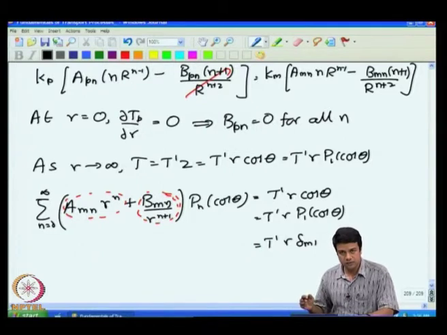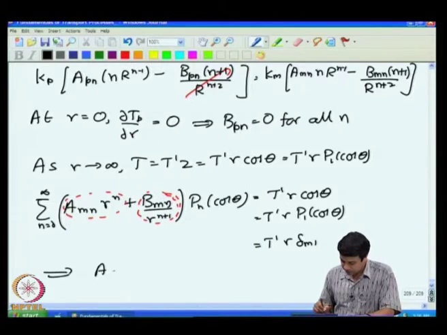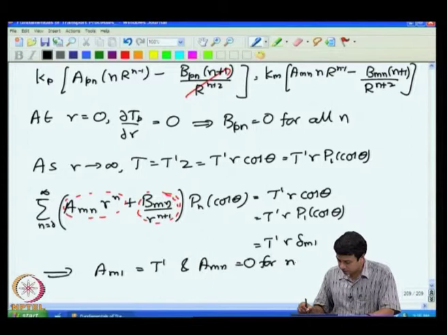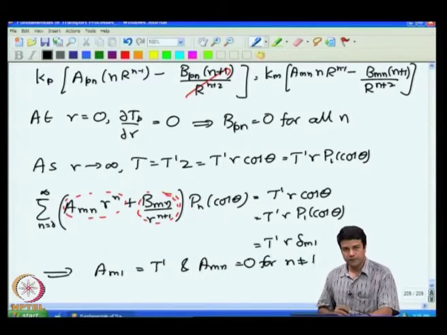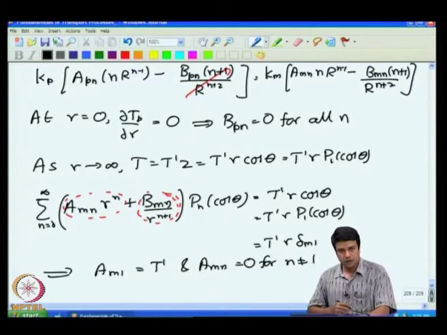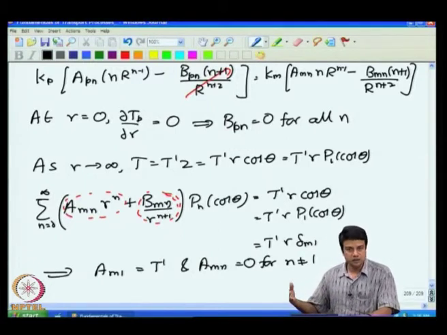So, what this implies is that on the left hand side I have the coefficients, and the right hand side is 0 unless m is equal to 1, which means that A_m1 is equal to T' and A_mn is equal to 0 for n not equal to 1. So, all other coefficients are identically equal to 0.